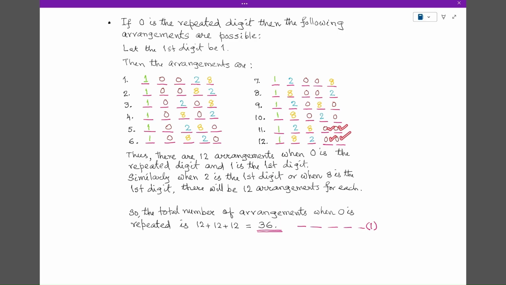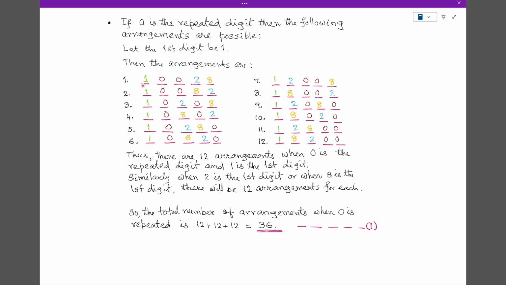So out of the five positions, the first position is taken by 1 and another 2 positions are taken by zeros. So the remaining 2 positions are to be filled by the remaining 2 digits 2 and 8, and they can interchange from one position to the other.